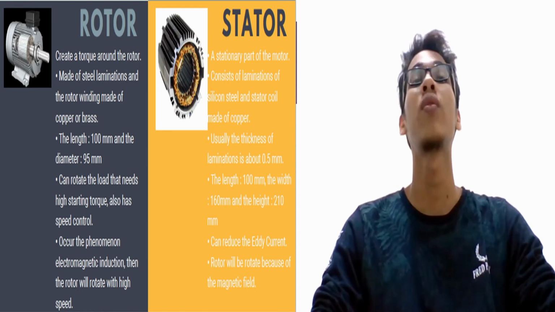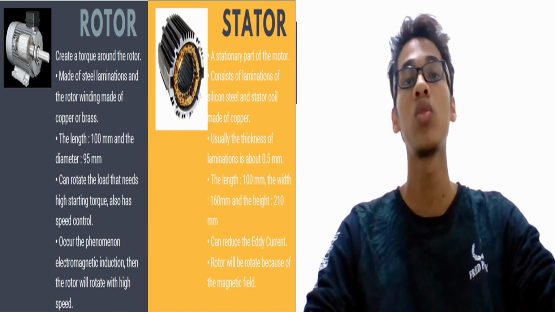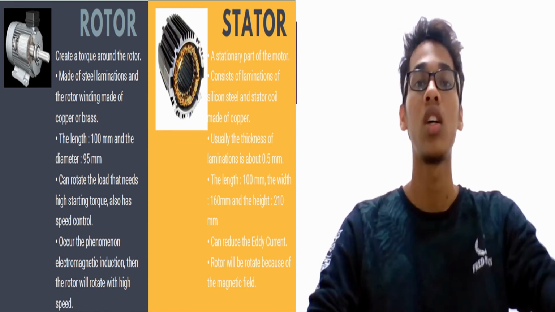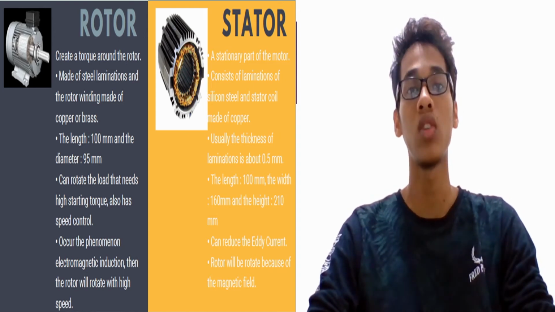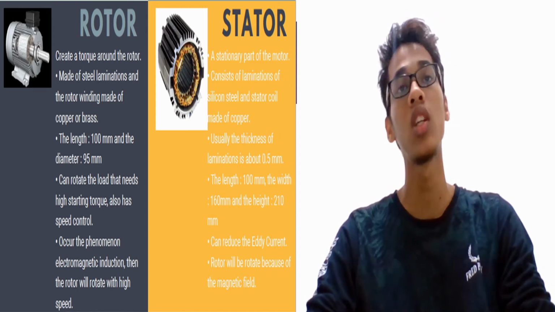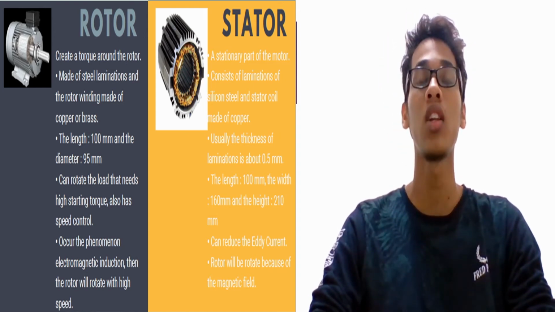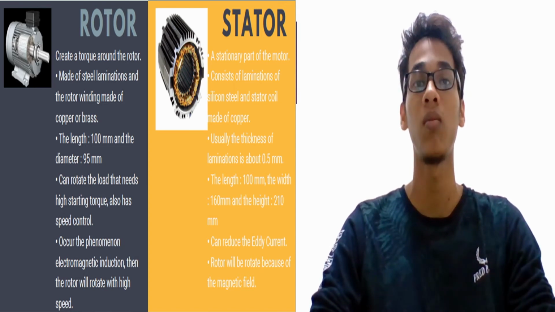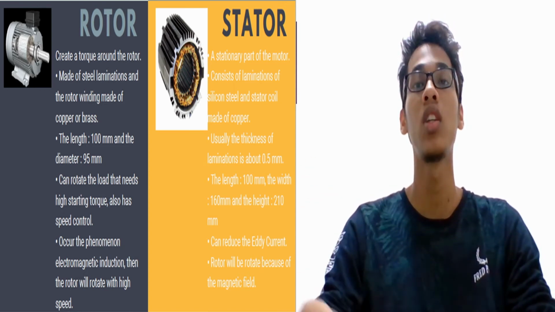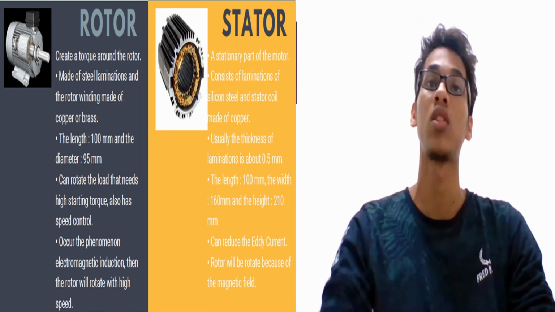The function of the stator is to reduce the eddy current. The rotor will rotate because of the magnetic field generated from the electric current and the magnet in the TEC electric motor.